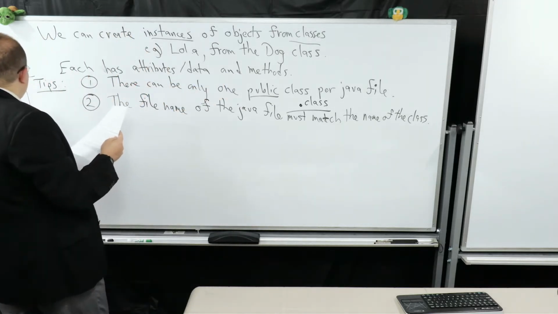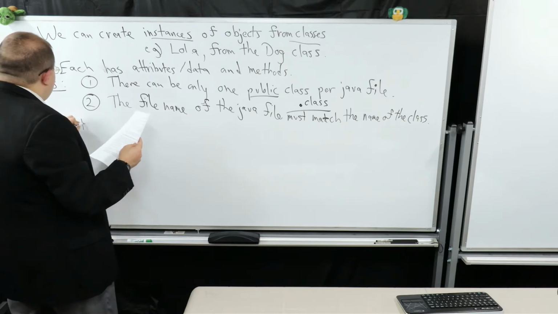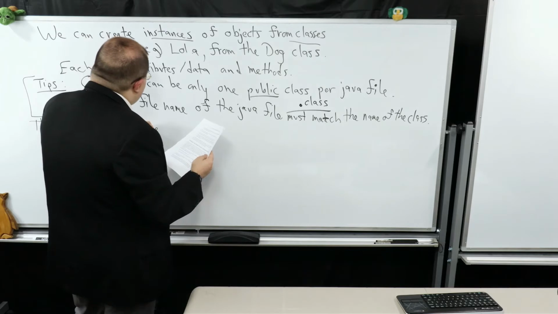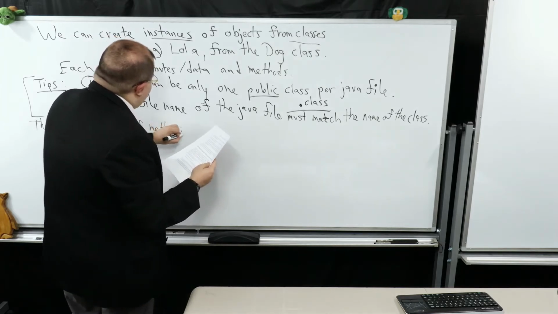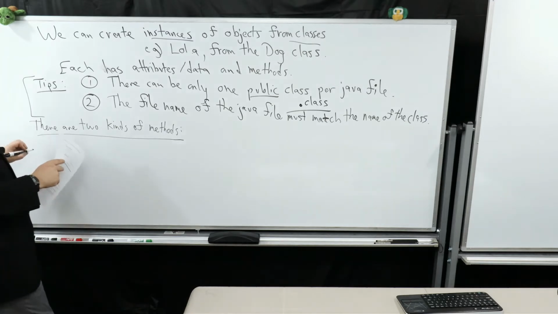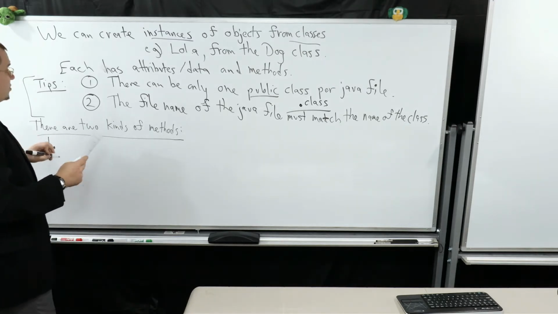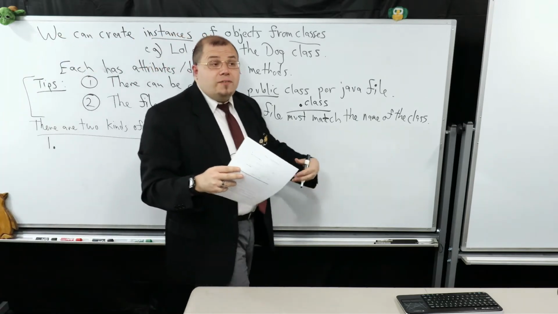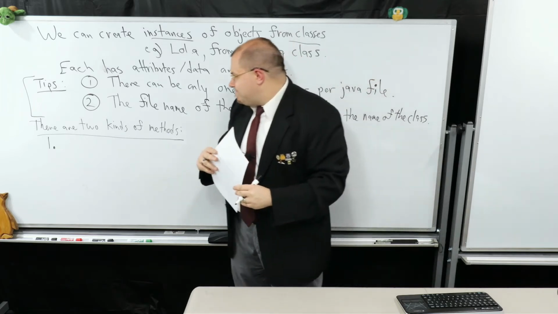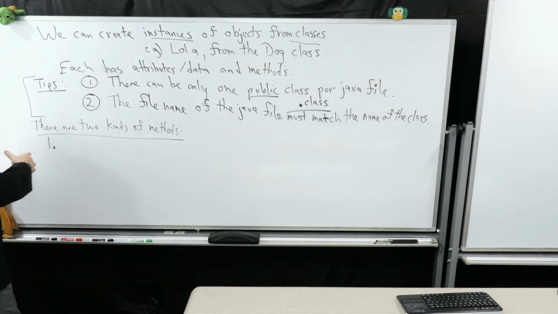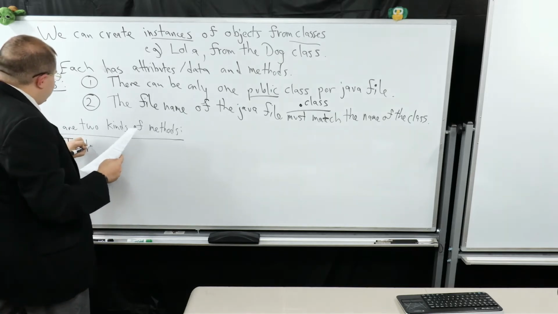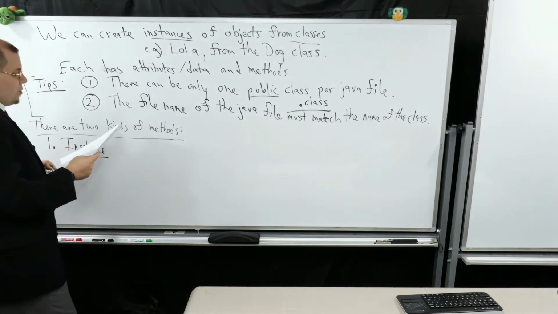So there are 2 kinds of methods. Remember, these are like operations, like Lola sleeping and pooping and stuff. Now remember, I told you that you can actually have instances of a given class, which we call objects. So there's 2 different kinds. There's so-called instance methods. We aren't going to see these for a little while, but I want to point out what they are.